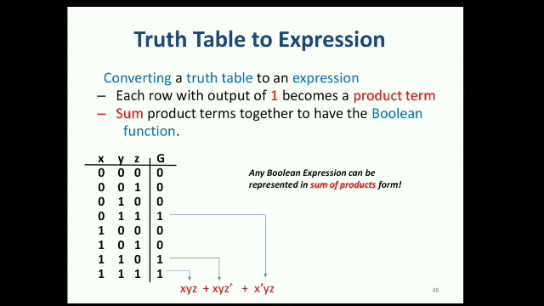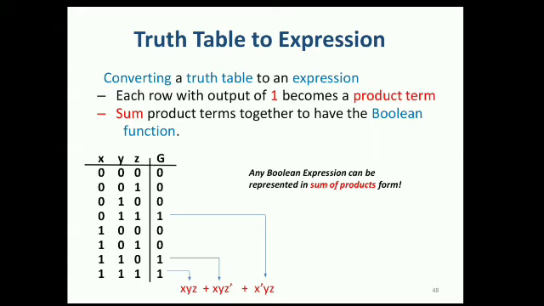Again we can convert a truth table to an expression. How? Let us see. Converting a truth table to an expression: each row with an output of 1 becomes a product term. Product terms means the 1 is represented with the values of x, y, z, where x is 0, and y and z are 1.